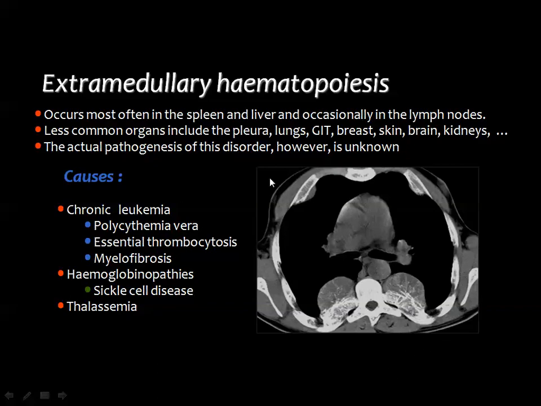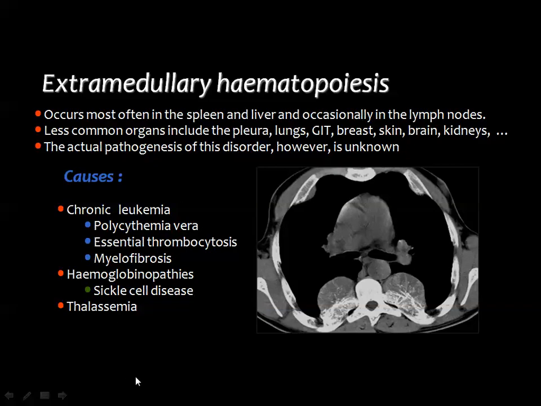It also can occur in the pleura, in the lung, in the GIT, in the breast, in the skin, in the brain, and kidneys. The pathogenesis is unknown, and the causes include the leukemias, polycythemia vera, essential thrombocytosis, myelofibrosis, hemoglobinopathies, sickle cell disease, and thalassemia.